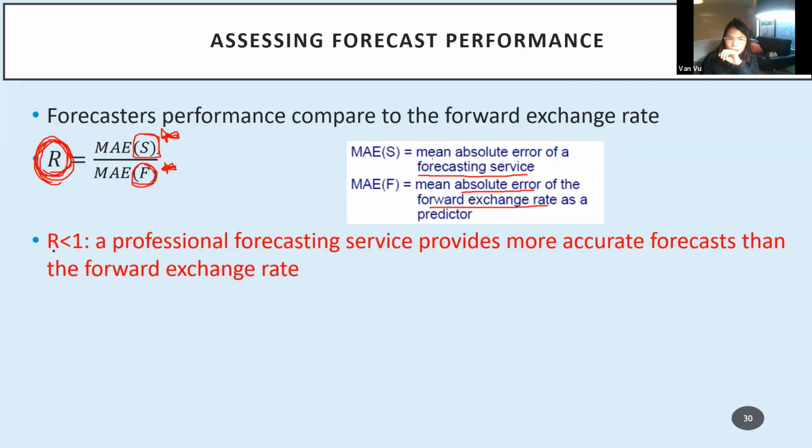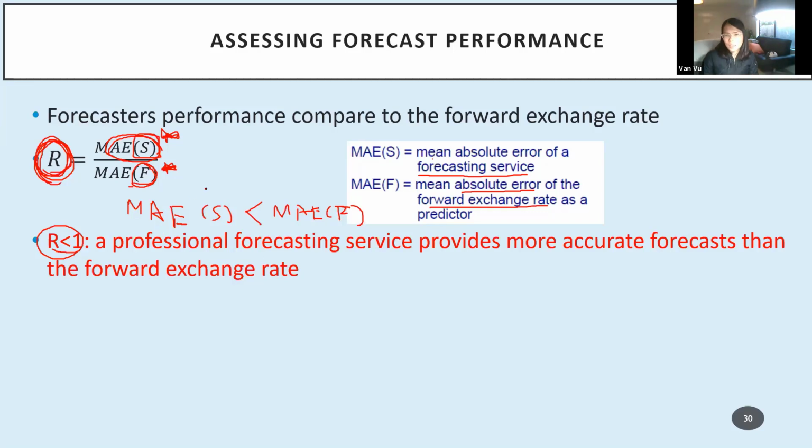So in this case, if R is smaller than 1, that means my forecasting technique outperforms the forward rate. When the absolute error for my forecasting technique is lower than the absolute error from the forward, this ratio should be less than 1. So MAE of my forecast is less than MAE forward.